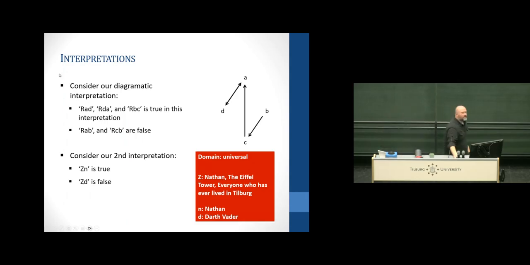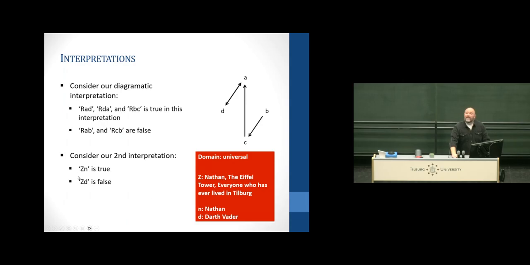Same thing too. We talked about this just a second ago. If we're using the interpretation we talked about earlier, Zn is true on this interpretation, because the thing named by n is in the extension. Zd is false on this interpretation, because the thing named by d here isn't in the extension. Notably, what these sentences express, what they say, depends on what interpretation we're using.